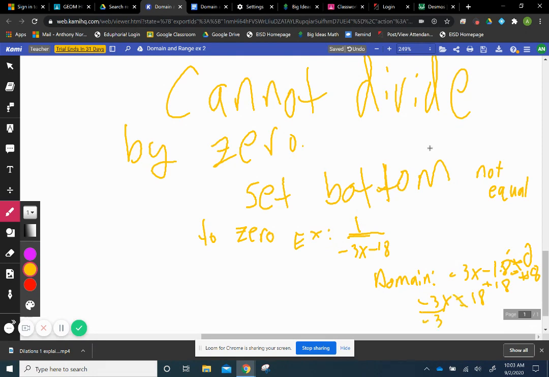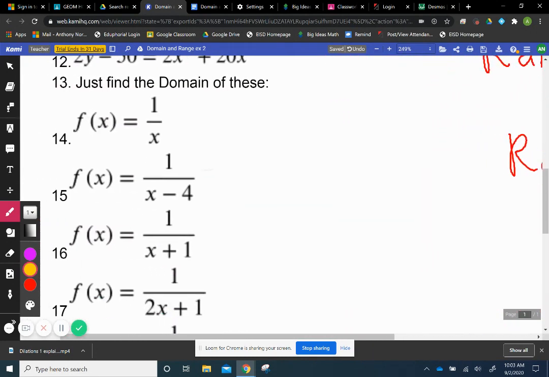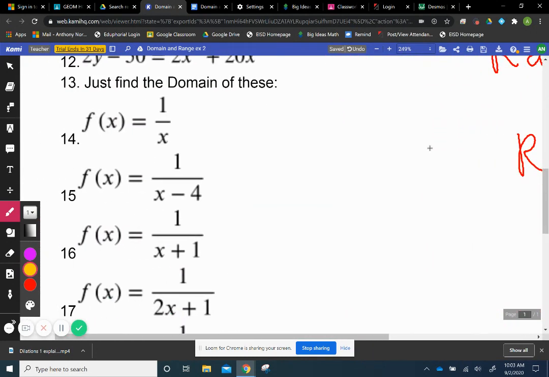Divided by negative 3, divided by negative 3, we have x does not equal 18 divided by negative 3, negative 6. And that's the domain, for example. So if we go up here, our bottom does not equal 0. And that's the whole thing. We solved it.